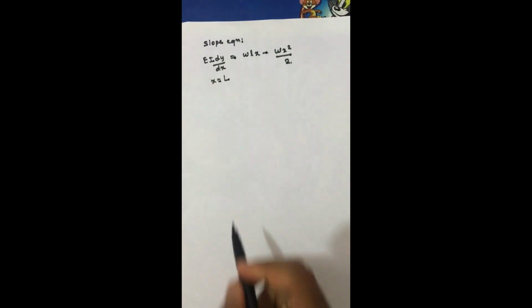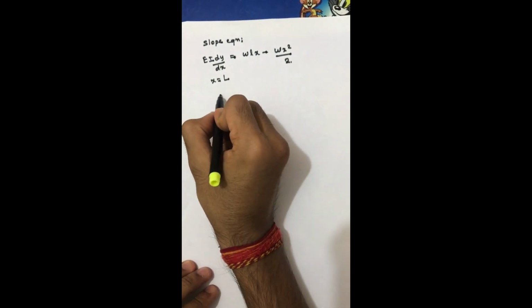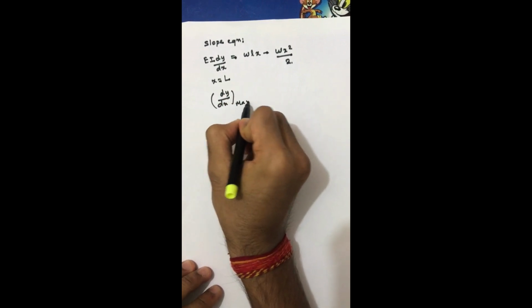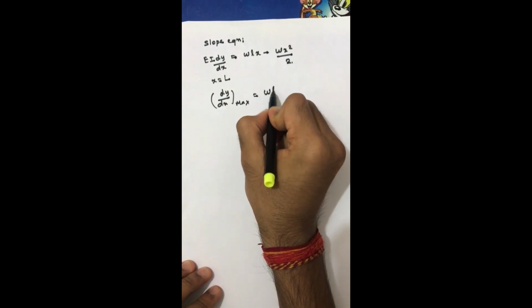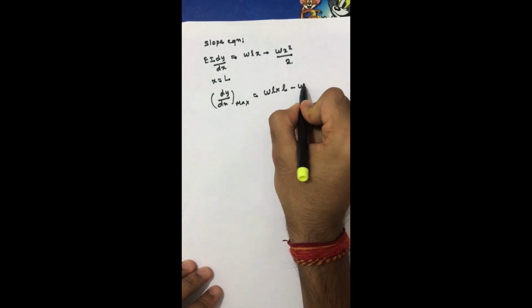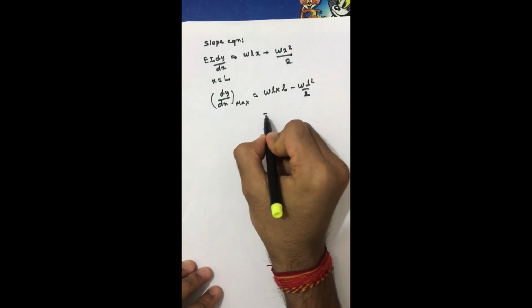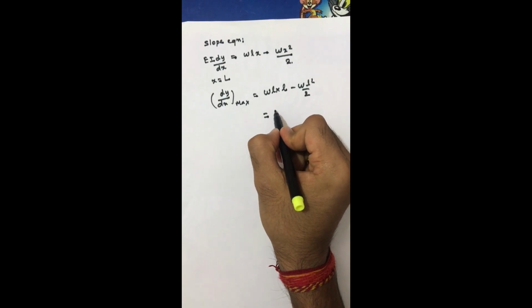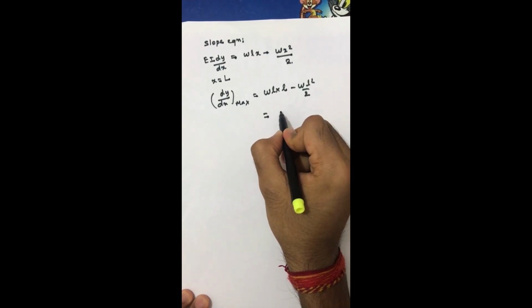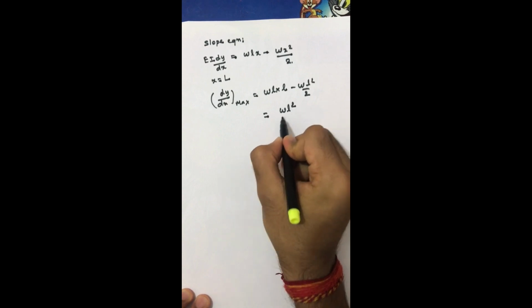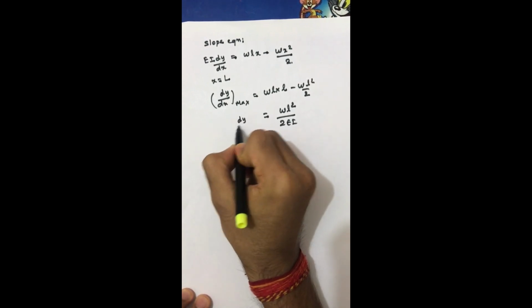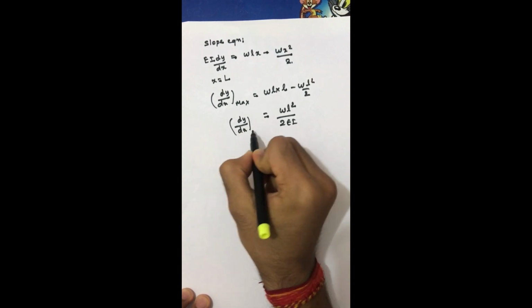So I am putting x equals L. So dy/dx maximum equals w L minus w L square divided by 2. Once you solve this, you will arrive at one particular form, that is w L square divided by 2 times EI, dy/dx maximum.